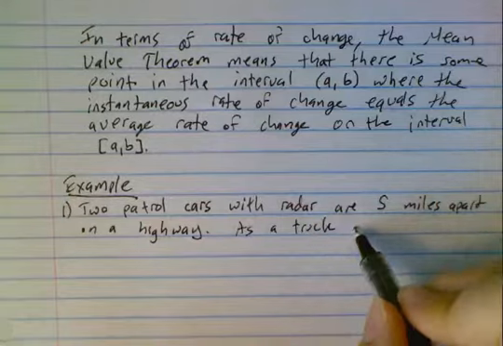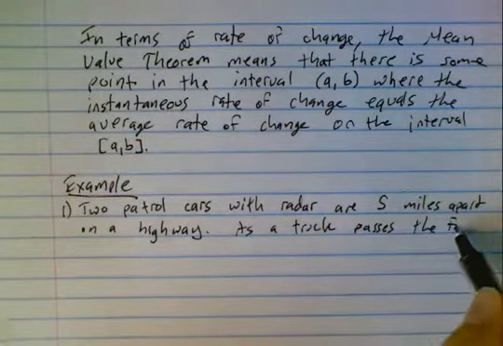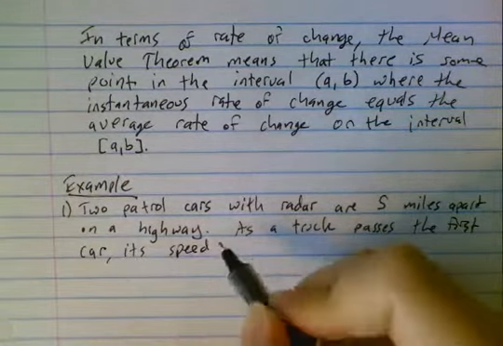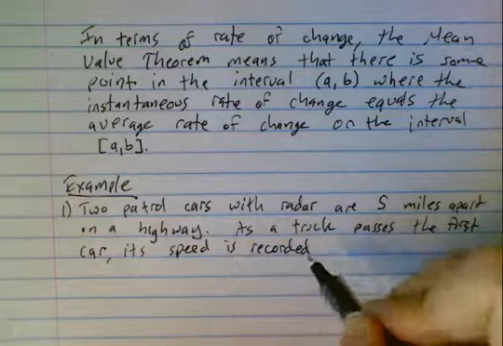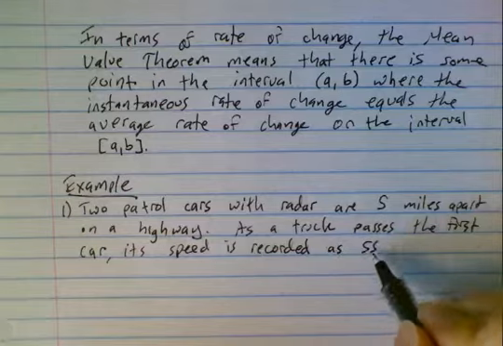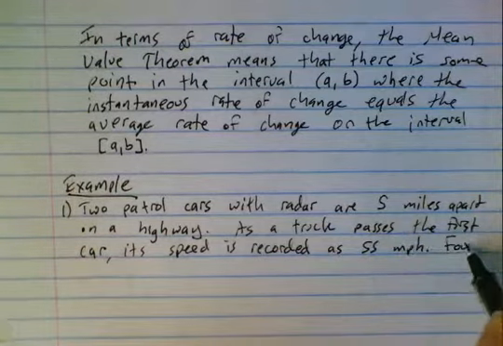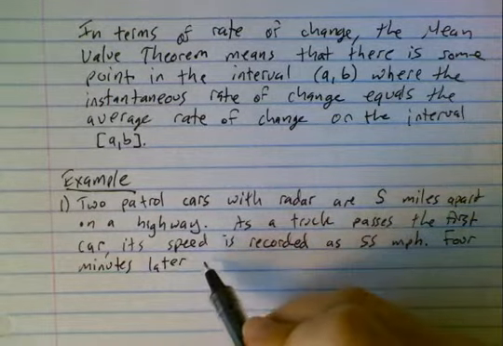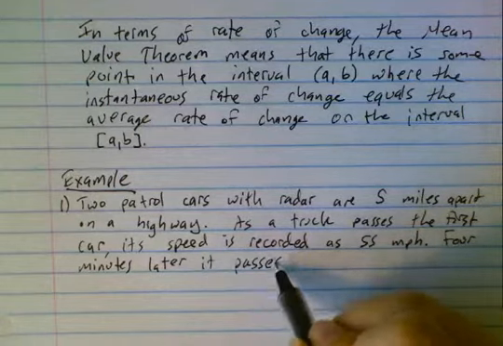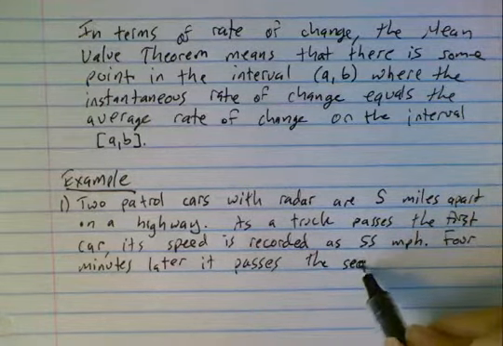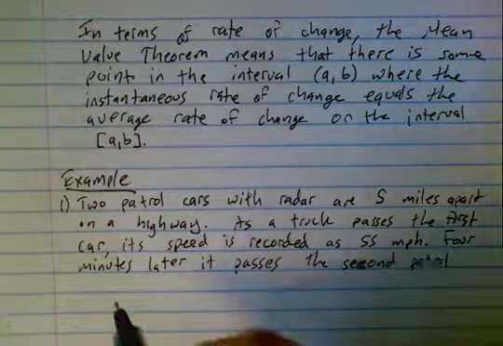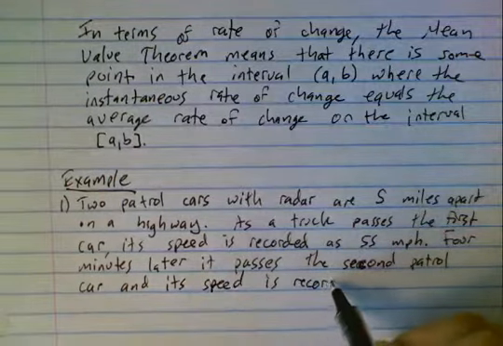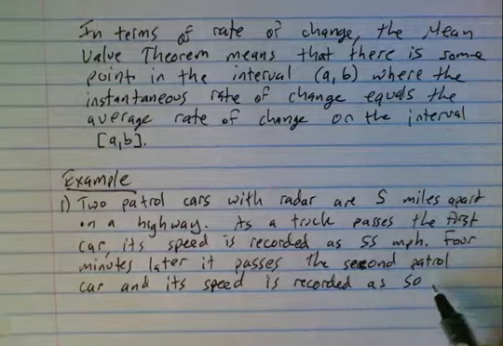As a truck passes the first car, its speed is recorded as 55 miles per hour. 4 minutes later, it passes the second patrol car, and its speed is recorded as 50 miles per hour.